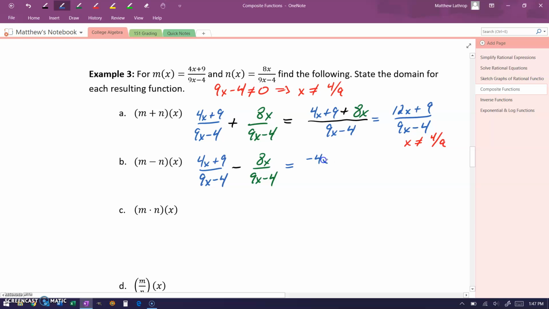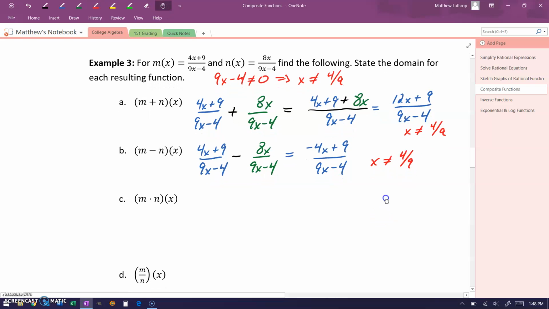This is going to give us negative 4x plus 9 over 9x minus 4. And we still have that same domain restriction that x cannot be equal to 4/9.